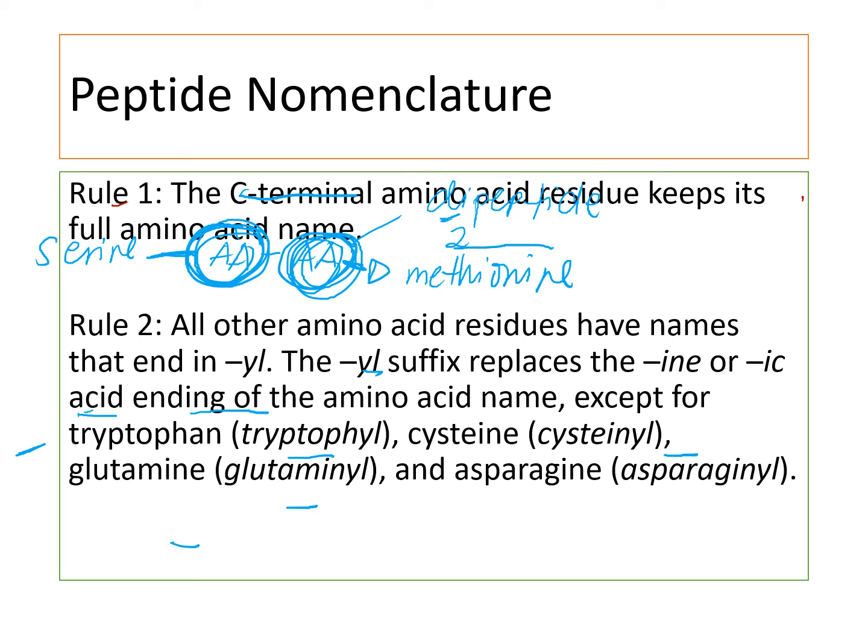Now, the first rule is again, the C-terminal amino acid residue keeps its full name. Given that, we will write the full name methionine in the peptide name. How about the serine? For the serine, we are going to modify that term. Instead of serine, we need to write seryl, because we have to change the INE into YL.